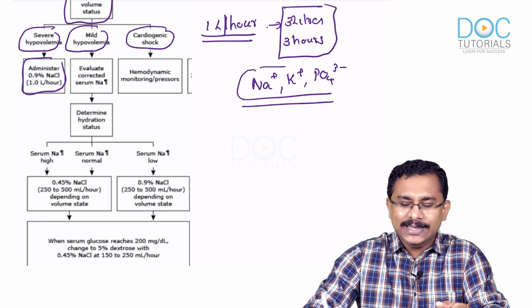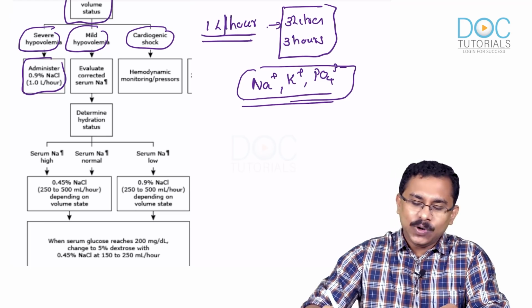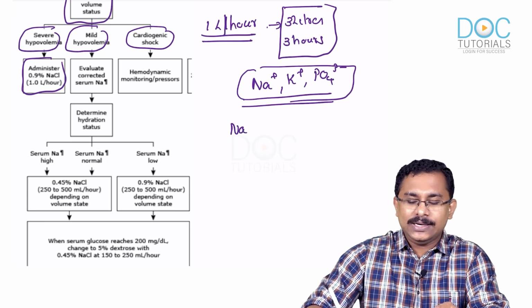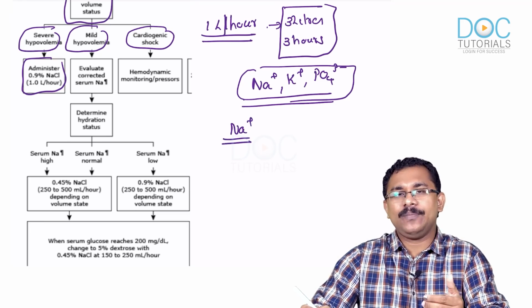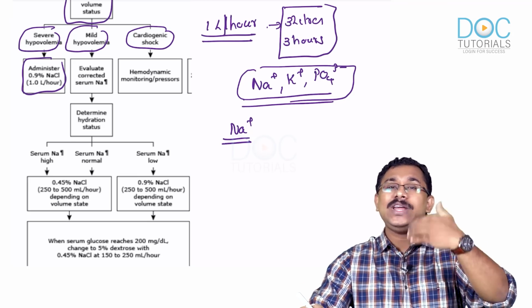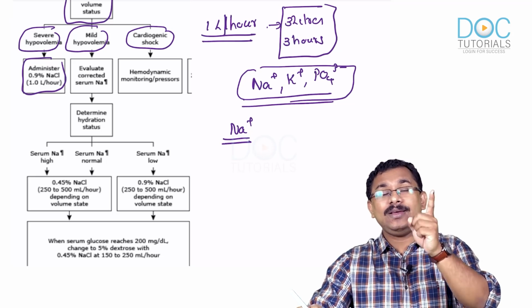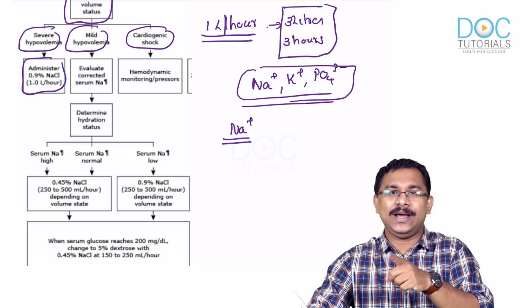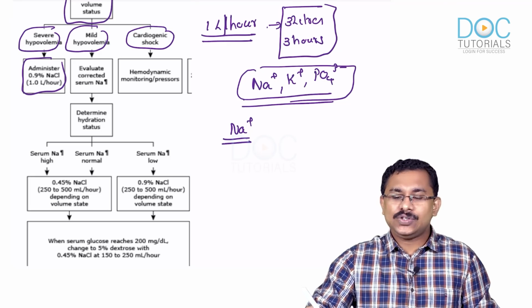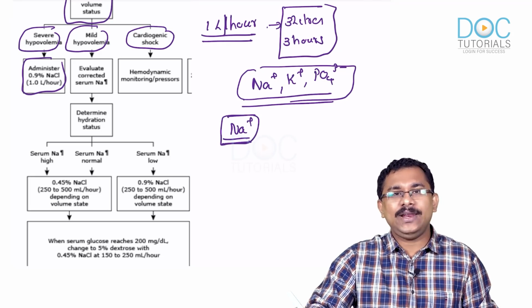So when you check these levels, suppose, I told you in DKA you expect hyponatremia. But once you are replacing the fluids, the sodium levels can increase to the extent that the patient may go into hypernatremia, a higher sodium value. So periodically check your sodium values.